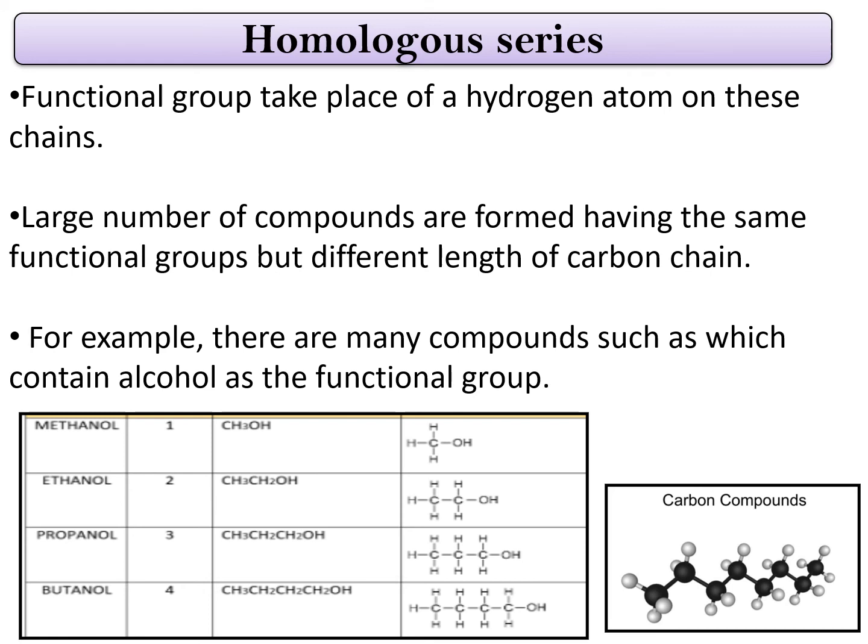Ethane has 2 carbon atoms. When one of the hydrogen atoms is replaced, we get ethanol. Next one is propanol. Fourth one is butanol. If you see in the fourth column, the hydrogen is replaced by OH, and we get the specific alcohol.